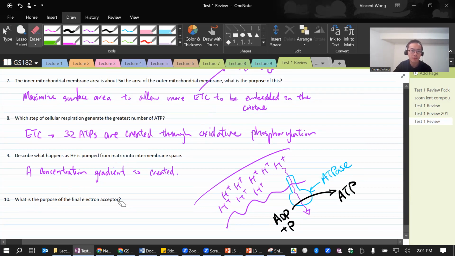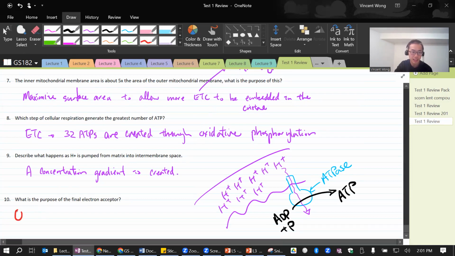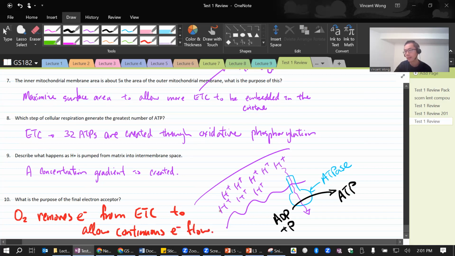Finally, the purpose of the final electron acceptor, I keep on repeating this, right, in class. O2 removes electrons from the ETC to allow continuous electron flow, right? Remember my analogy.